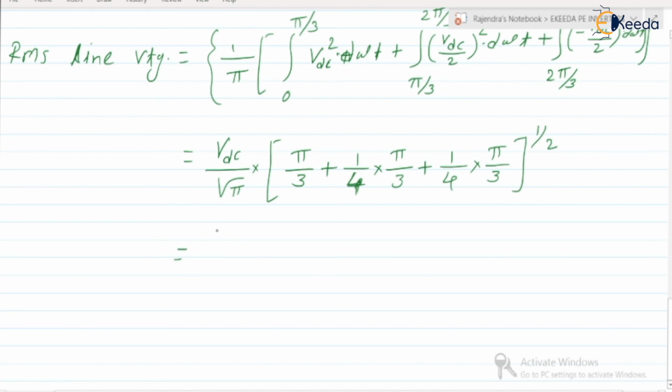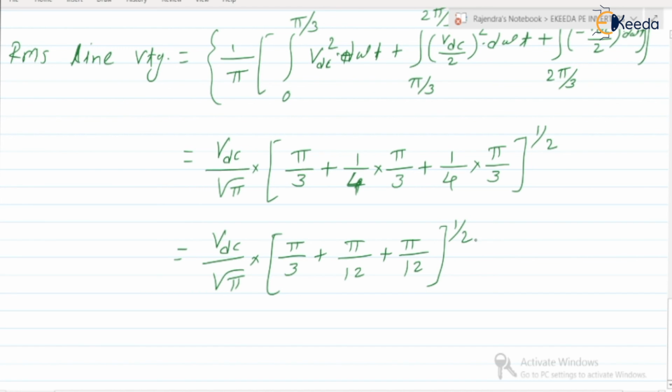Further we can write it as VDC by root pi into pi by 3 plus pi by 12 plus pi by 12, to the power 1 by 2. So this can be written as VDC by root pi into 6 pi by 12, to the power 1 by 2.